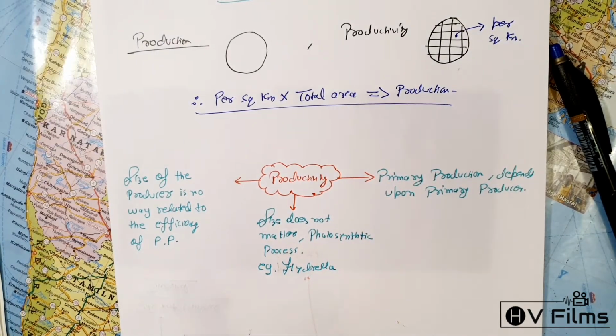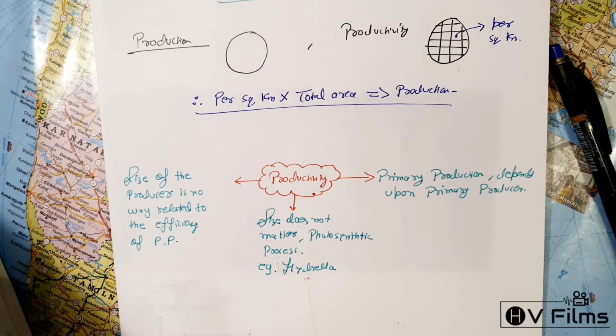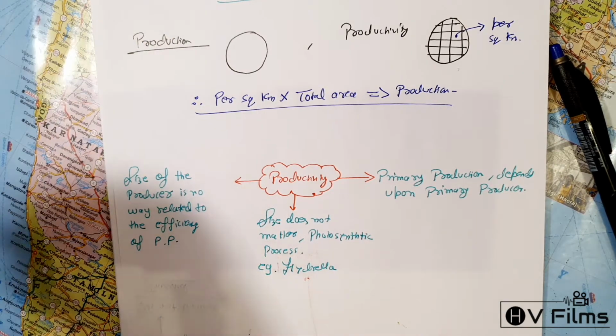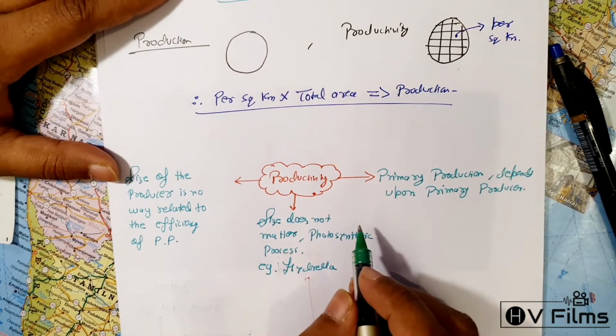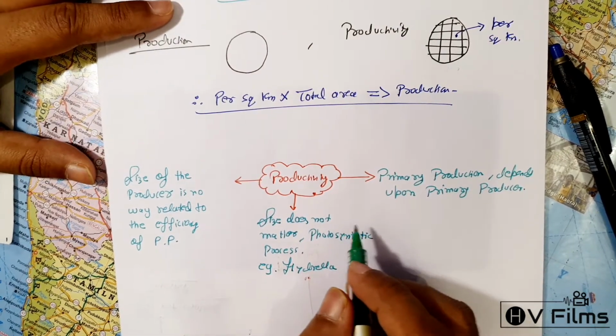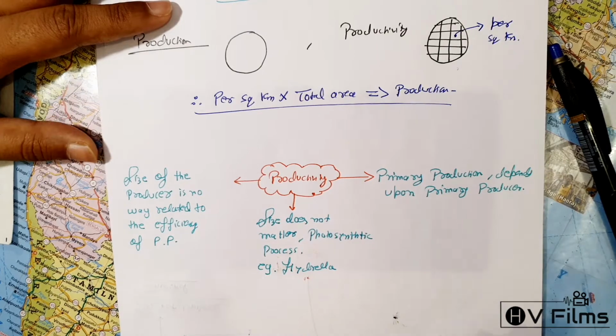So those are the main 3 points that you should know about production and productivity. And more importantly, the primary productivity is the rate of fixation of the radiant energy of the sun. You can also mention it if you want.